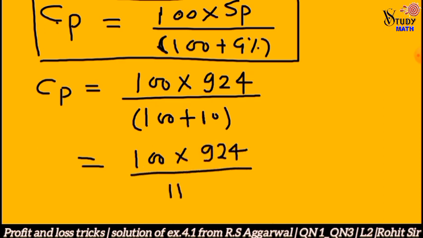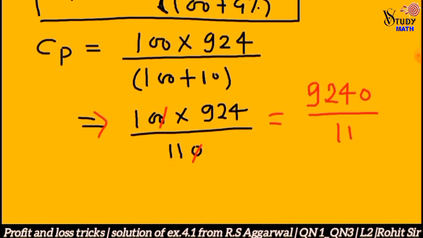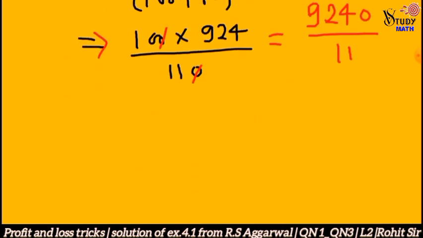This 0 cuts this one. Now finally we have 9240 upon 11. Now divide this. 11 8s are 88, 4 is remaining, then 44, so 840. 840 is the answer.